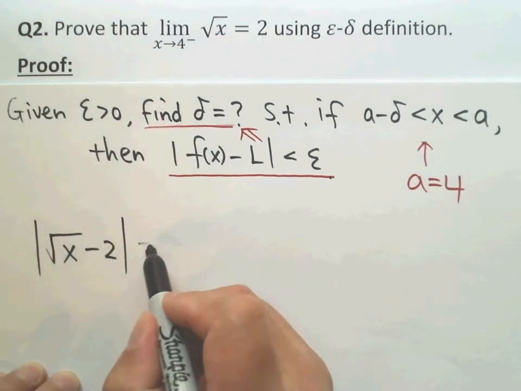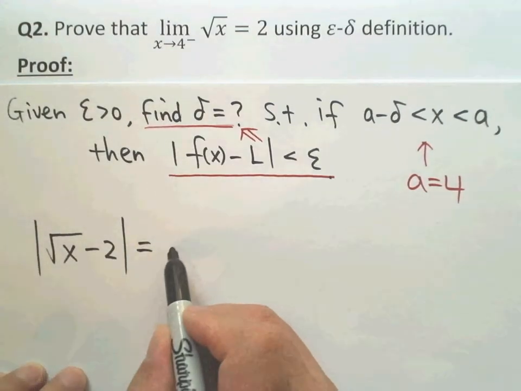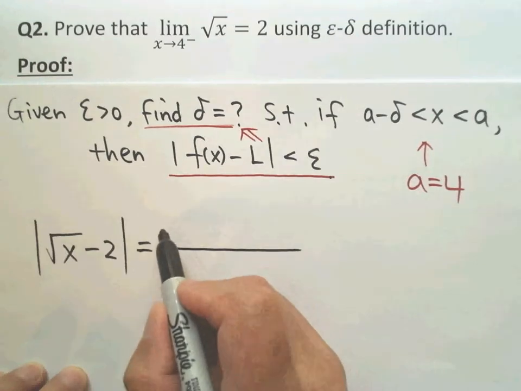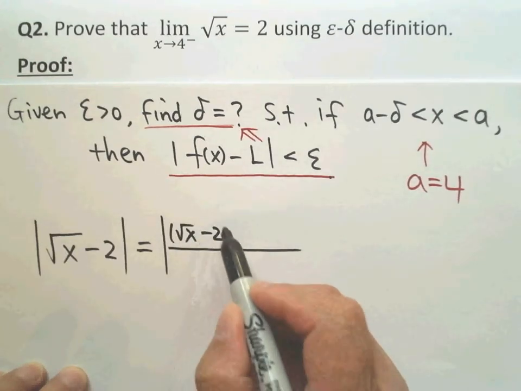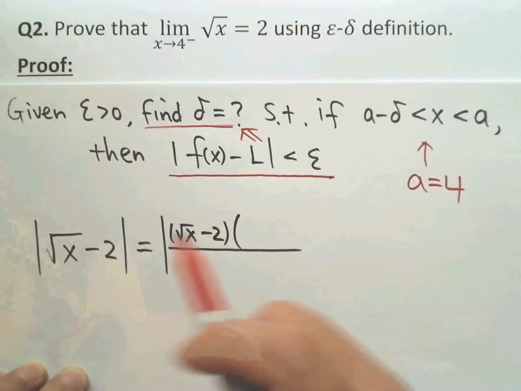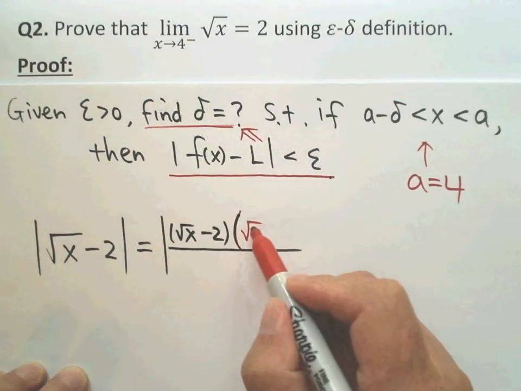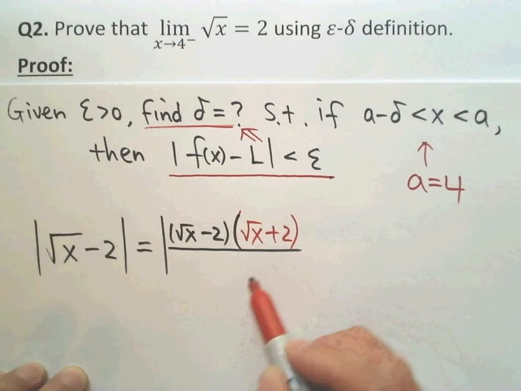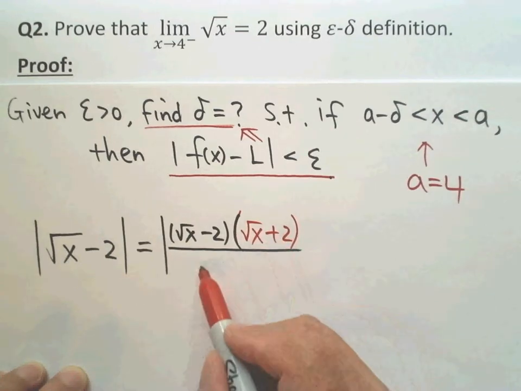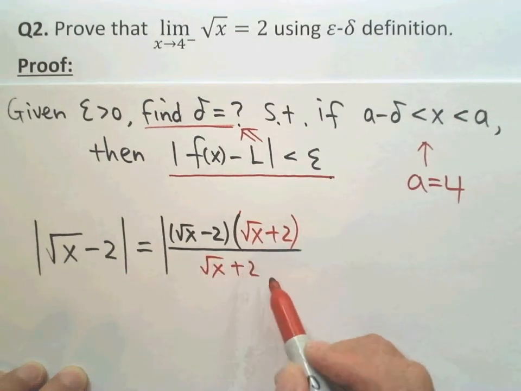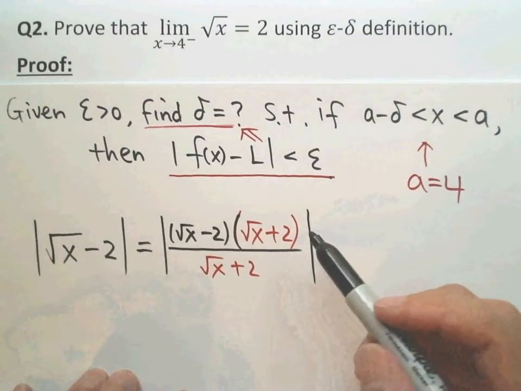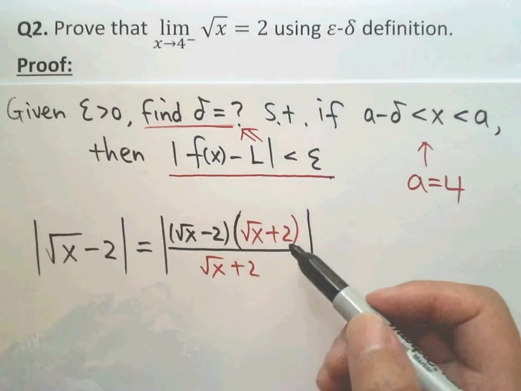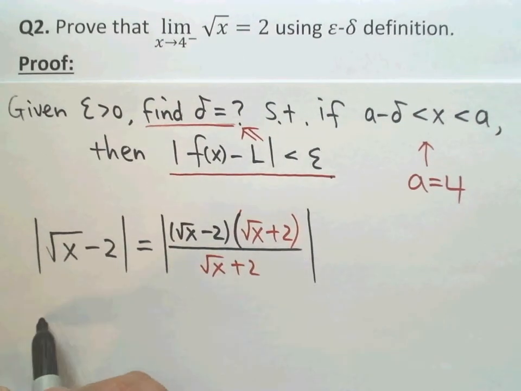Where do we get x minus 4? Rationalize. So this is the square root of x minus 2, and let me multiply by the square root of x plus 2. This is the conjugate, and this is rationalizing. After rationalizing, what do we get?